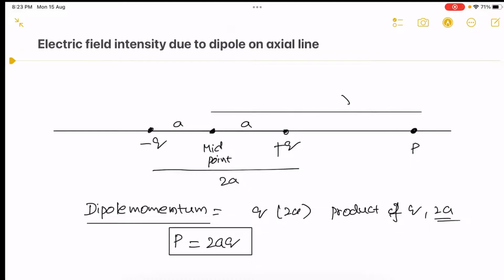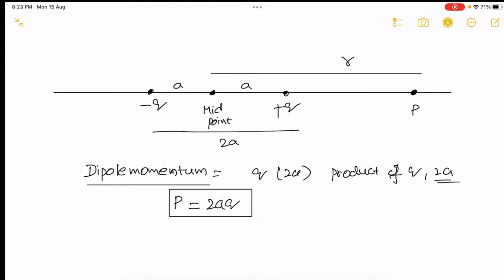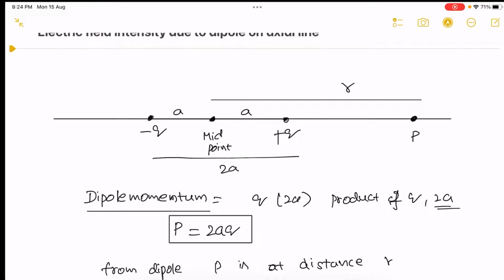In a dipole there are two poles, so here plus q is located here and minus q is located here. We want to find the electric field intensity at the point P.